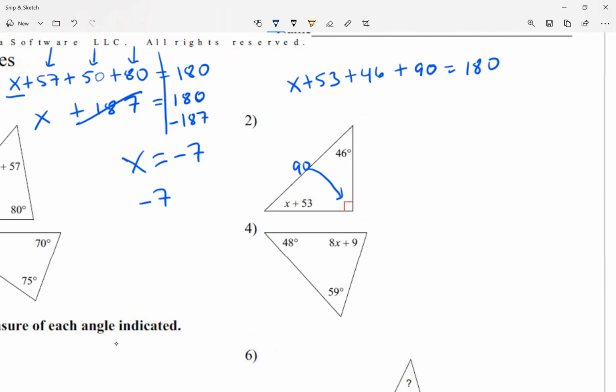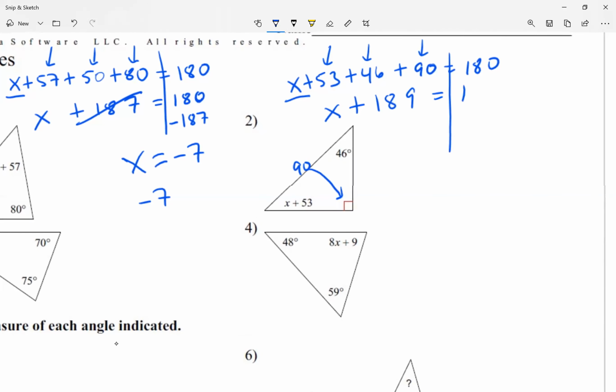Okay, so let me solve for x. When it comes to letters, just x. When it comes to numbers, I have 53 plus 46 plus 90. That's 189. And so this is all equal to 180.